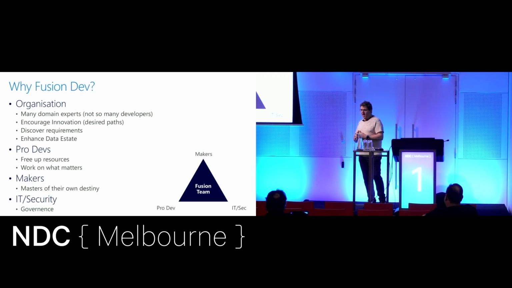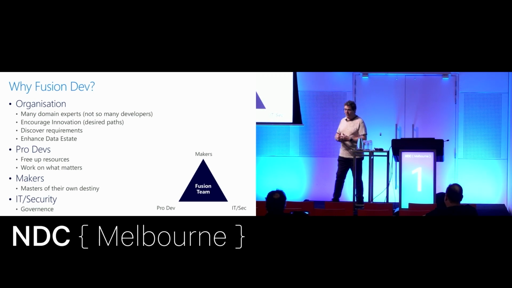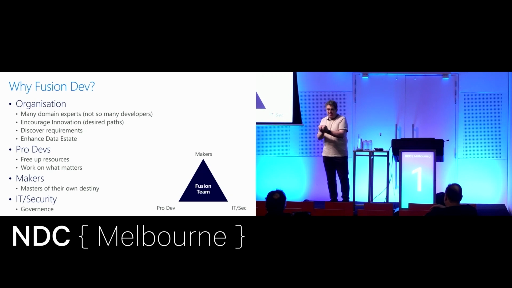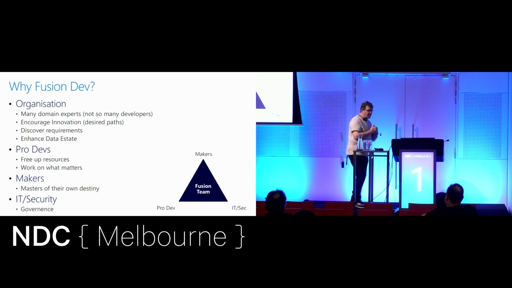It's quite okay to fail a number of times, or just have very specific applications that are written for one tiny little thing. But every once in a while, someone will develop something that has a generic value across the entire organisation, and we can identify that and magnify its impact across the organisation. But it only came about because the Fusion team or the makers came up with it first.